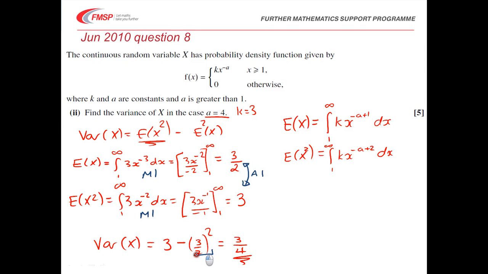You then get another method mark for getting this idea correct here. Again, the numbers don't need to be correct to trigger that method mark. And then your final mark comes from the accuracy here. Okay, so quite a tricky, quite an involved question, but it is worth a lot of marks.